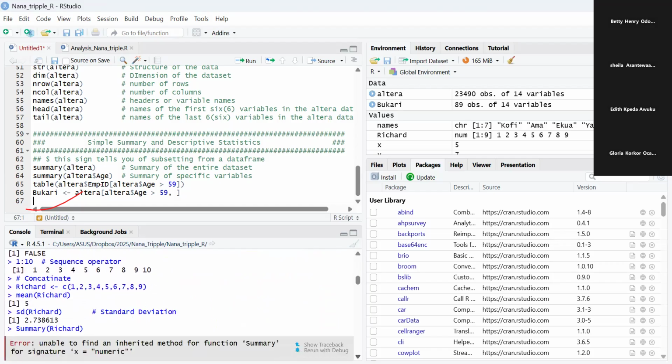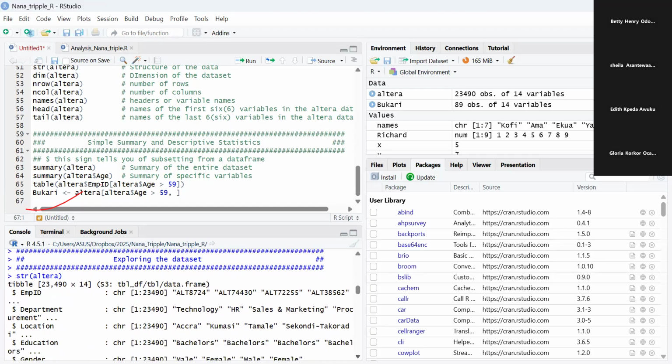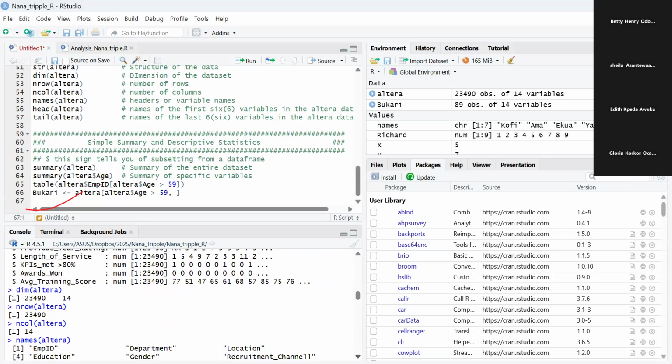Horizontal is from left to right, and vertical is from top to bottom. So if you have a table, the one moving from the left to the right is the row, and the one moving from the top to the bottom is the column. Good.